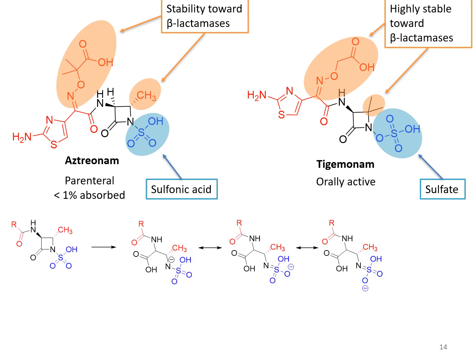Upon cleavage of aztreonam's beta-lactam, the developed charge on the nitrogen can be stabilized via both the inductive effect of the electron-withdrawing atoms and via resonance, while in the case of tigemonam, the group withdraws electrons inductively only, which means that the beta-lactam of tigemonam will be less liable to hydrolysis in acidic conditions, thus orally active.